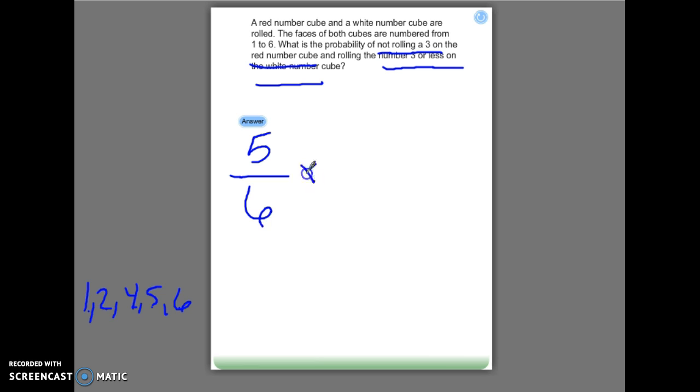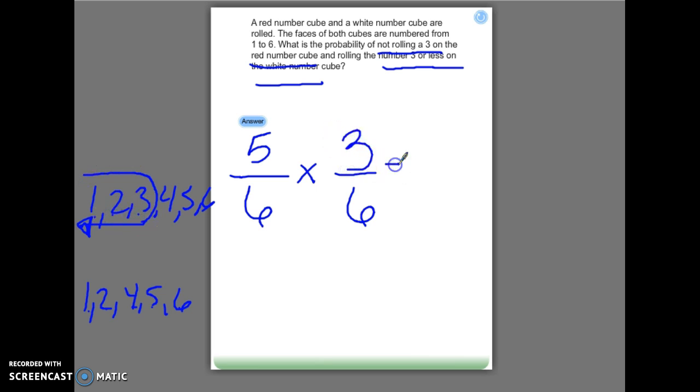And then I'm going to multiply that times rolling the number 3 or less on the white number cube. So 1, 2, 3, 4, 5, 6. Those are my total options, so there's 6 of them. And the numbers that are 3 or less, so we're going to include 3 this time. 5 times 3 is 15. 6 times 6 is 36.